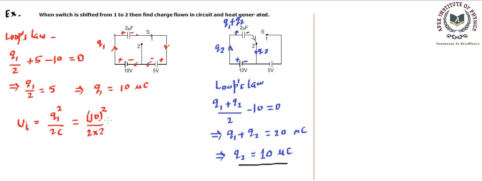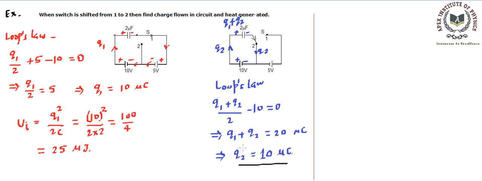So this becomes 4, and 100 divided by 4 is 25 microjoule. That means initially 25 microjoule of energy was stored in this capacitor.